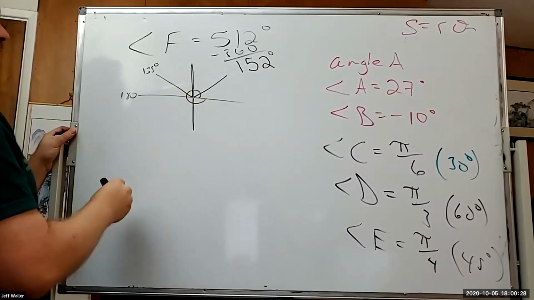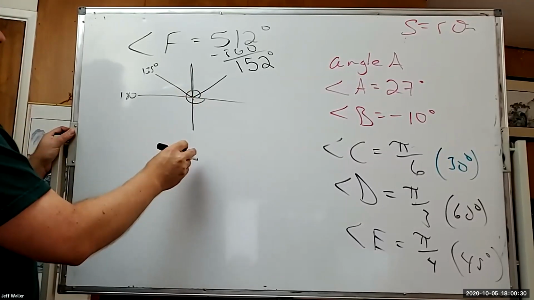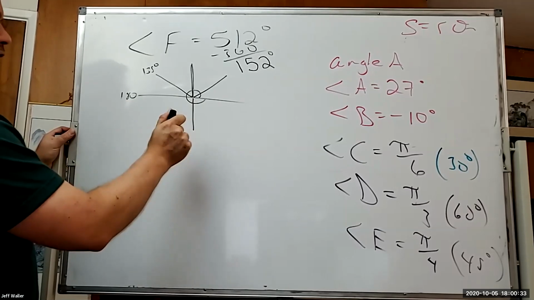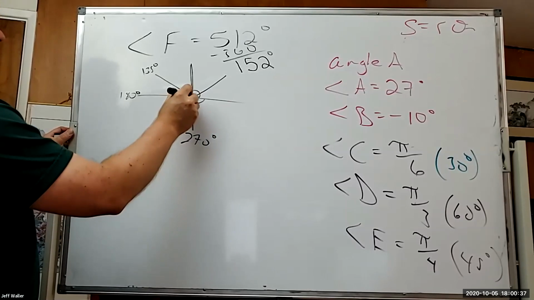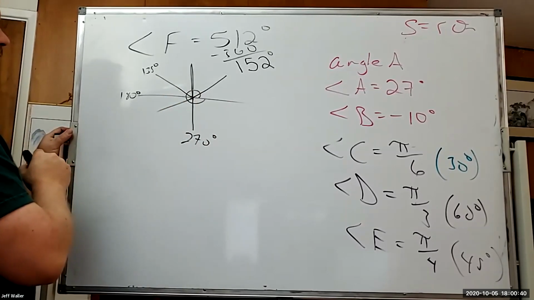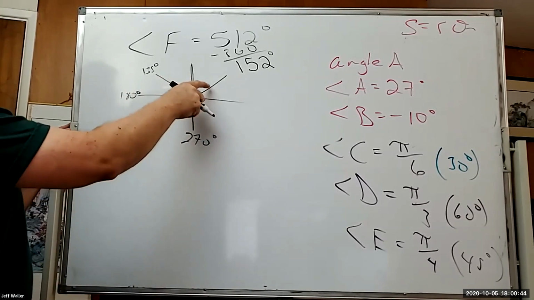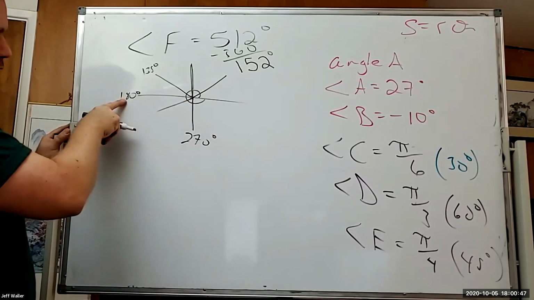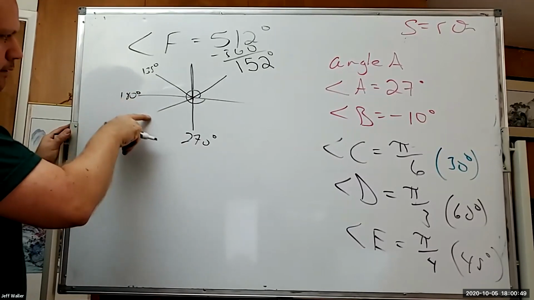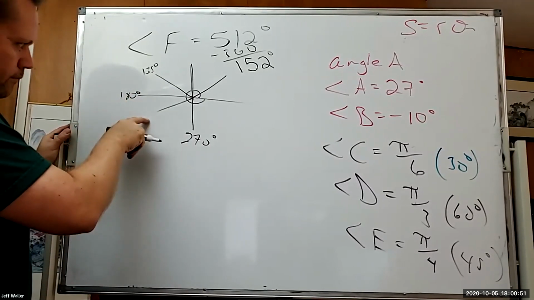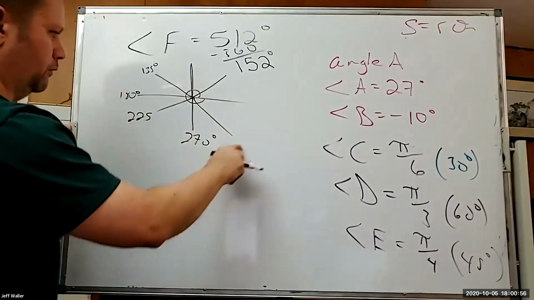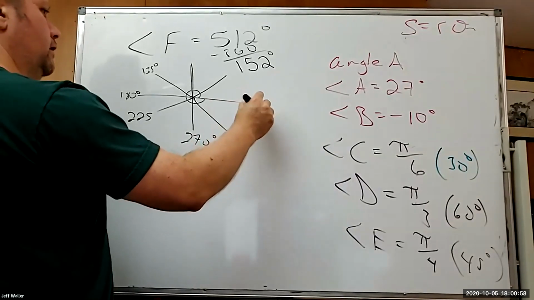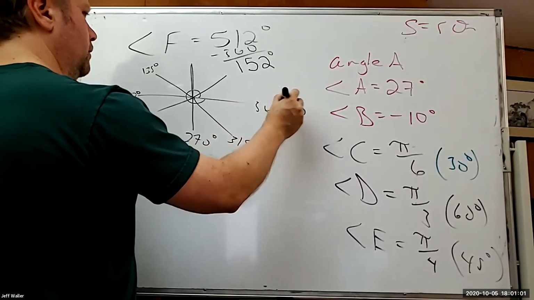What angle does that represent? 270. Just a big step of 90 from there to there. We put some degrees on there, and of course, this one would be what? 45, 45, 45, 45, 45 more. 225. 270, then 315, and then you get 360, which is equivalent to 0.